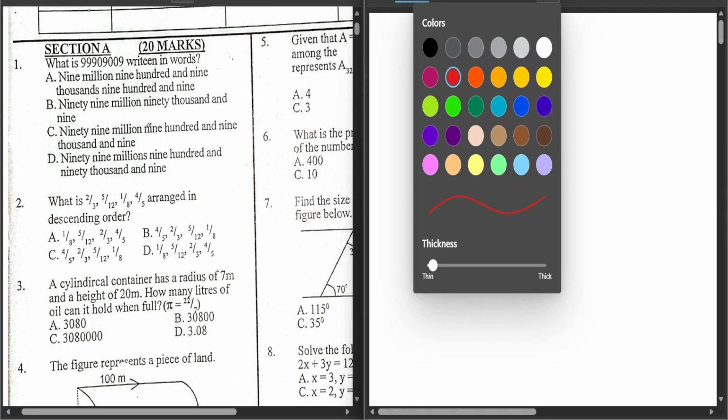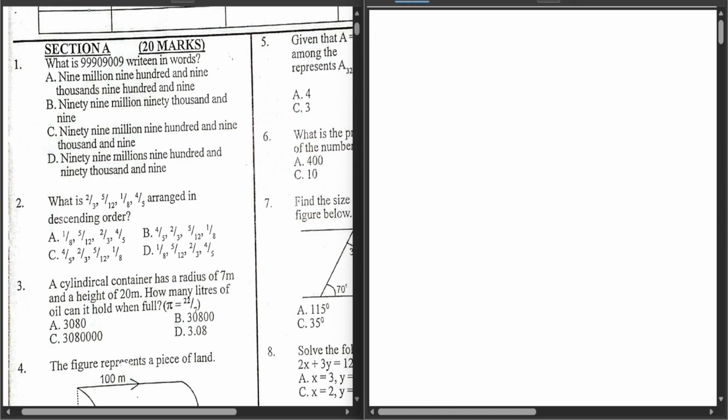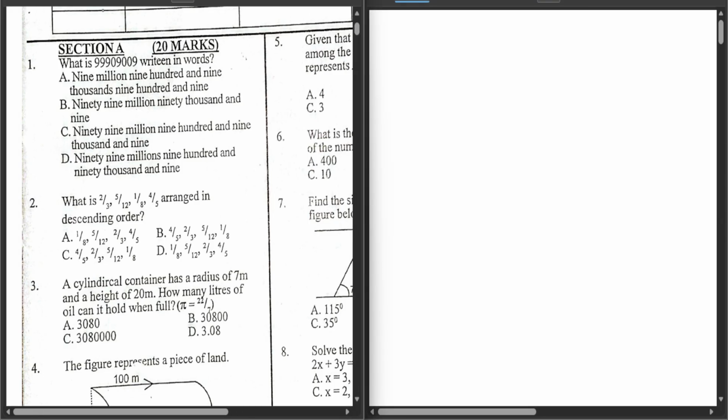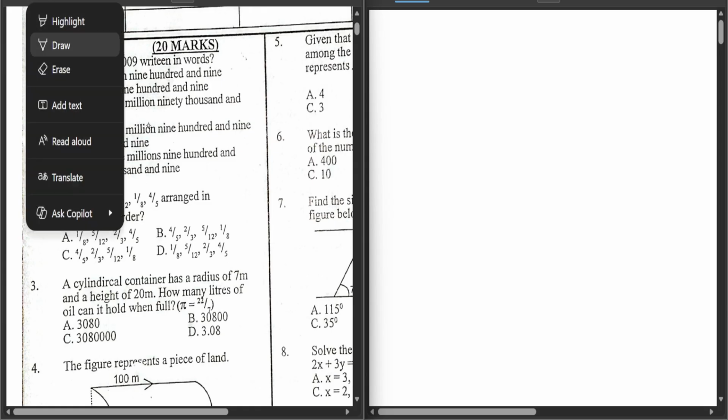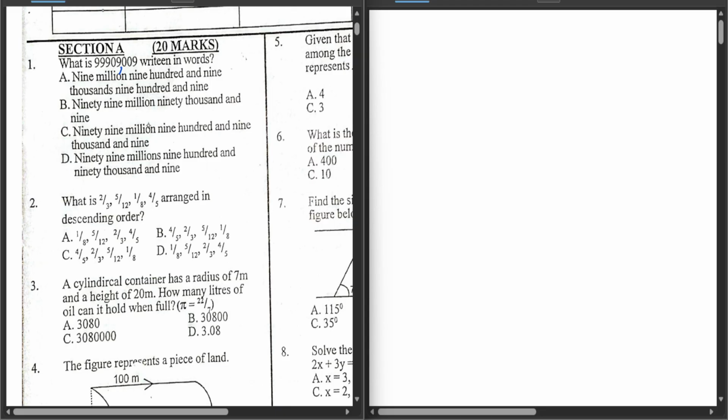Now for the first question, umeuliza what is 9990909? So he wants it written in words, right? Again, also this one you need to do, okay. So hii itakuwa 99,909,009.